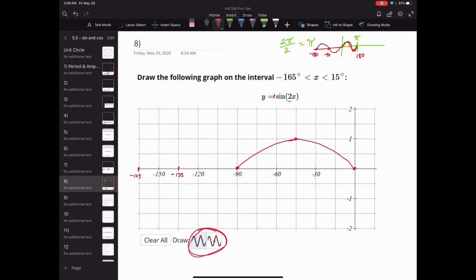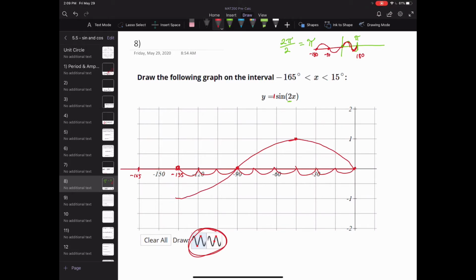So what is in between 180 and 90? Well, I'm just going to do this. I went 1, 2, 3 spaces this way, 1, 2, 3 spaces that way, 1, 2. This is going to be my middle point. So that's where my graph is going to have that curve.